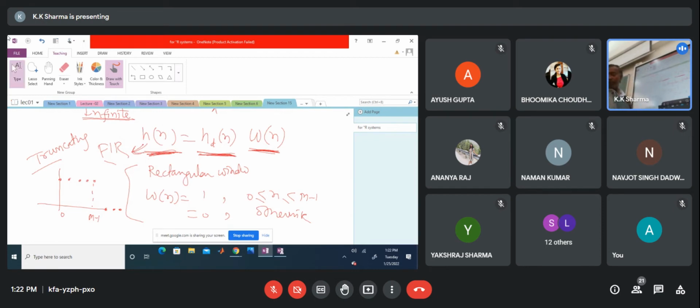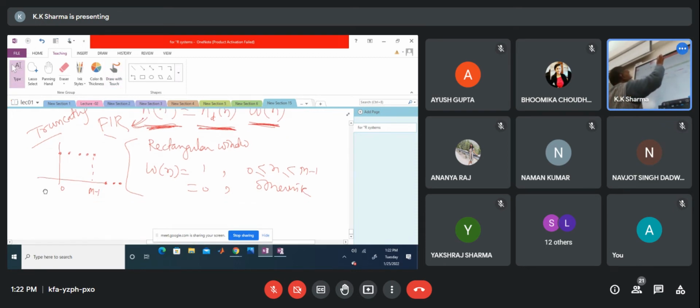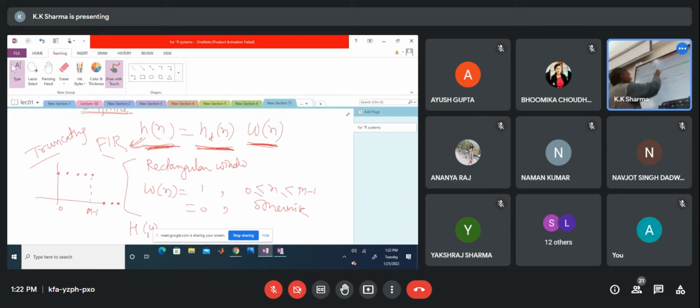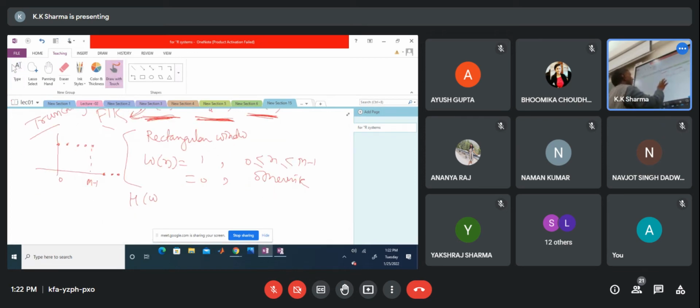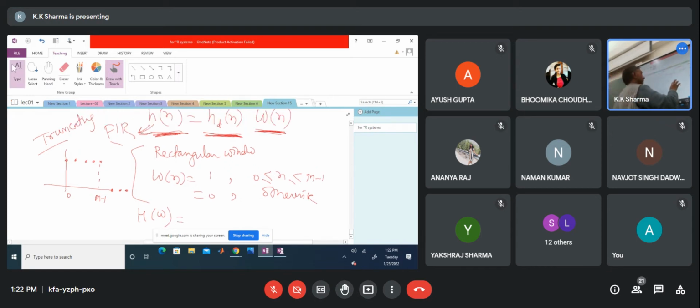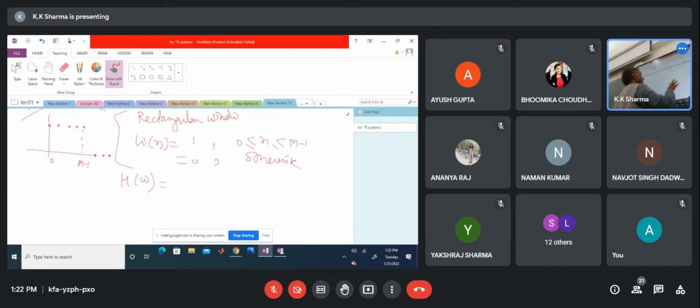So essentially your H(omega) will be the convolution of the desired frequency response with the frequency response of the window function.